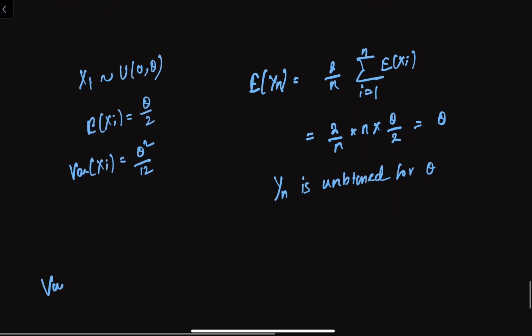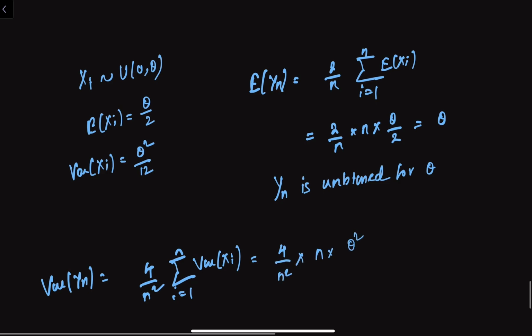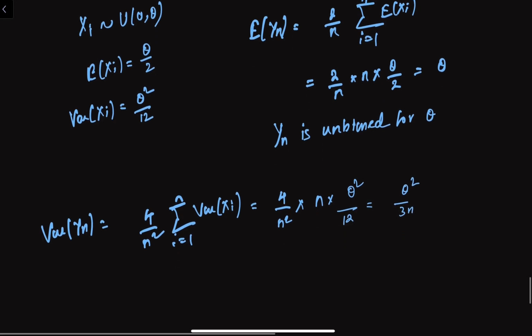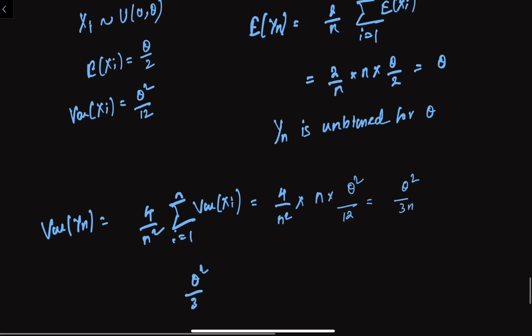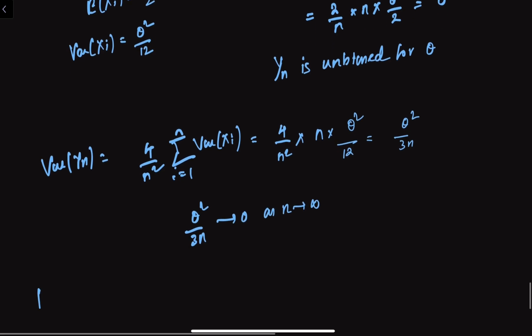Now if we compute the variance of Yn, it is 4 by n square summation i equals 1 to n variance of Xi, which is 4 by n square into n times theta square by 12, which is theta square by 3n. And we know that theta square by 3n tends to 0 as n tends to infinity.